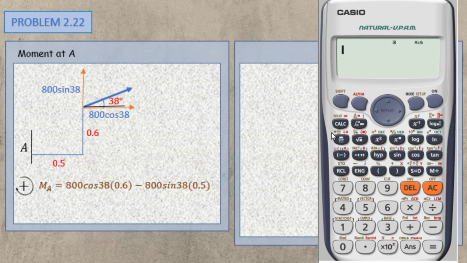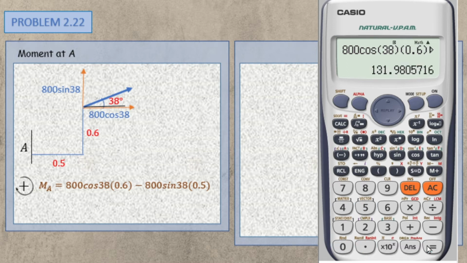So I will use calculator for us to solve. So 800 cosine 38 rotating in clockwise direction, so it is positive based on our assumption, and then minus since it is counterclockwise, 800 sine 38 multiplied by 0.5.